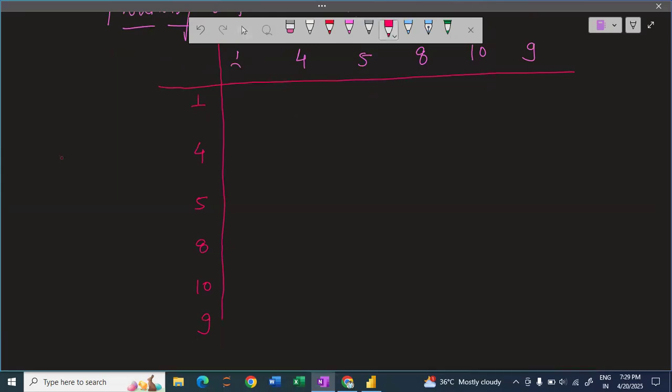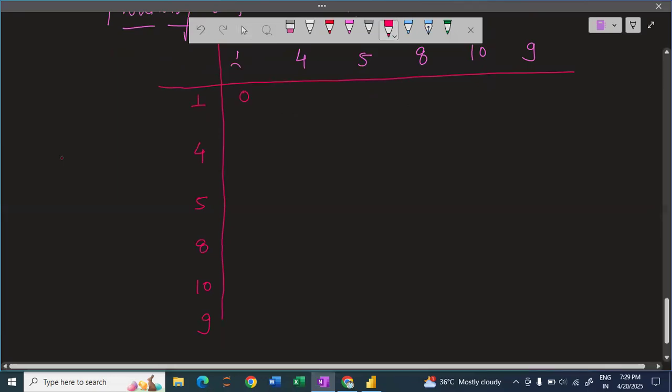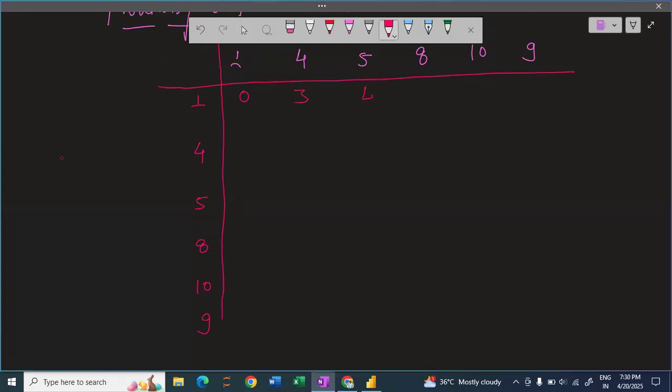So what is the difference? 1 minus 1 is equal to 0. The difference from 4 to 1 is 3. Then 5 to 1 is 4. Then 8 and 1, 7. Then 10 minus 1 is 9. 9 minus 1 is 8. Similarly, 4 minus 1, 3. 4 minus 4 is 0. Then 1.